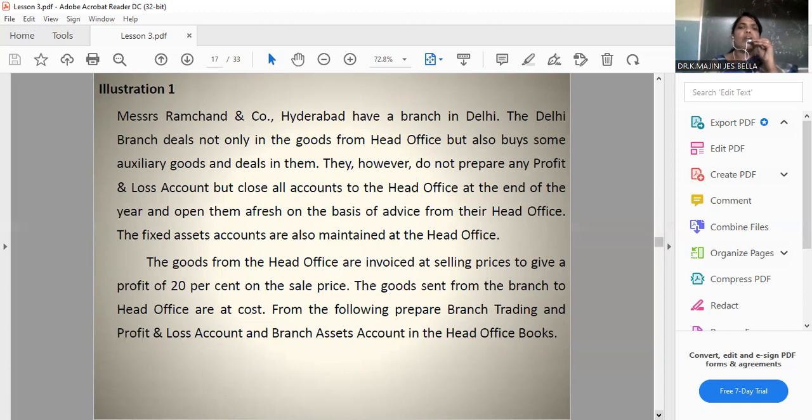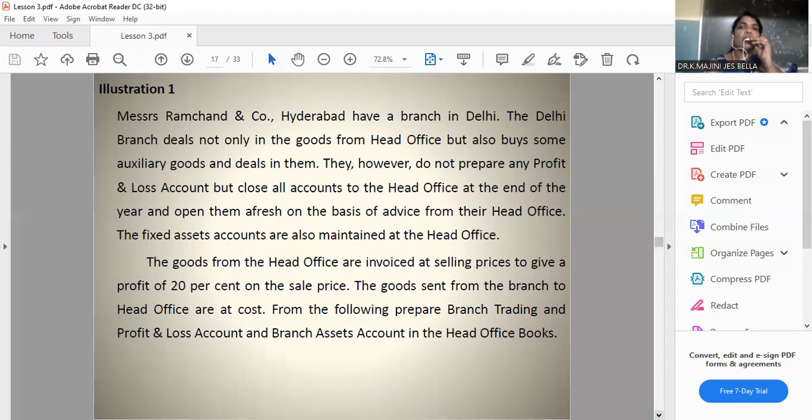I have given one illustration for this. Messrs. Ramchand and Co., Hyderabad, have a branch in Delhi. The Delhi branch deals not only in the goods from the head office, but also buys some auxiliary goods and deals in them.